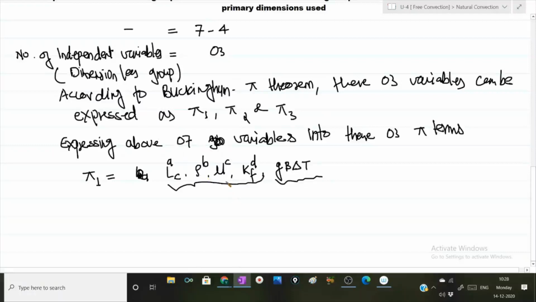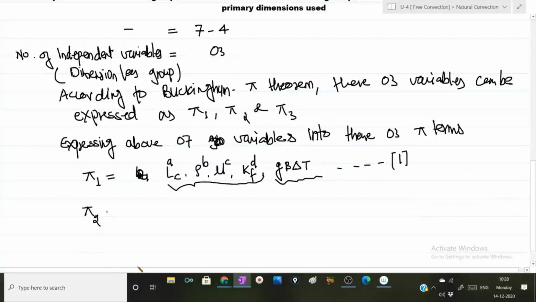Third parameter to be selected represents a flow parameter, and the fourth parameter is once again a fluid property. So this way these core parameters are selected, and this selected variable will be the non-repeating parameter. Let's say this is equation number 1.